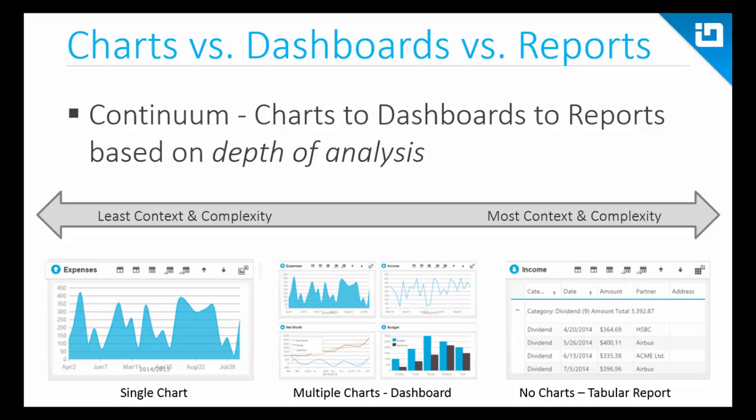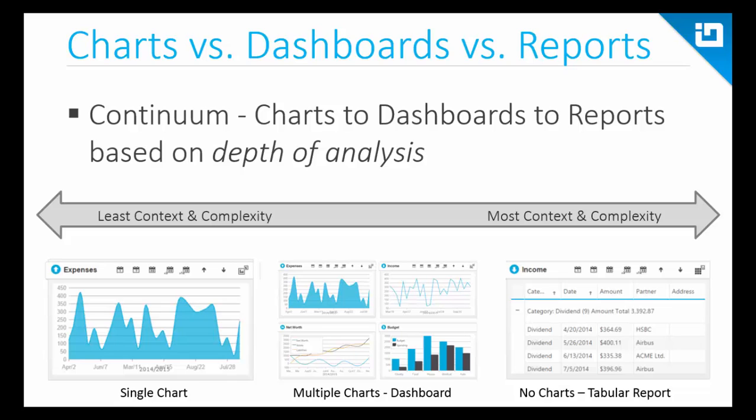So I want to highlight that today when we talk about single charts and what goes into a single chart, those fall on the far left of this continuum where you have the least amount of context and complexity in your visualization. And then as you go into a dashboard, which we sort of have in the middle here, you get more context. You can see that the single chart just had expenses, but in the dashboard we're talking about expenses, income, net worth, and budget. So we have multiple charts which make up this dashboard.